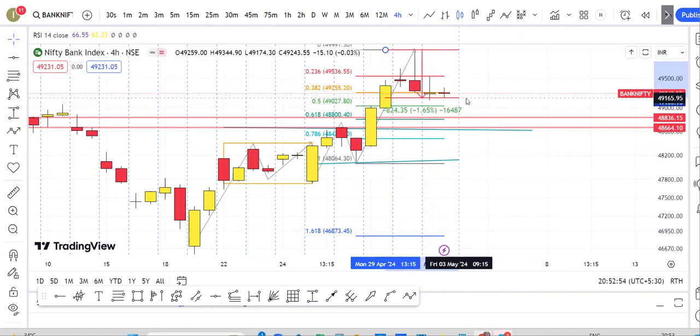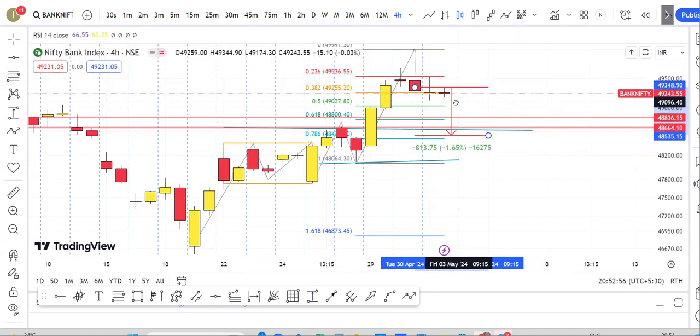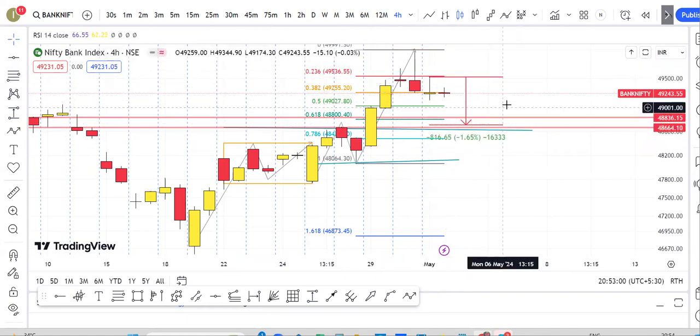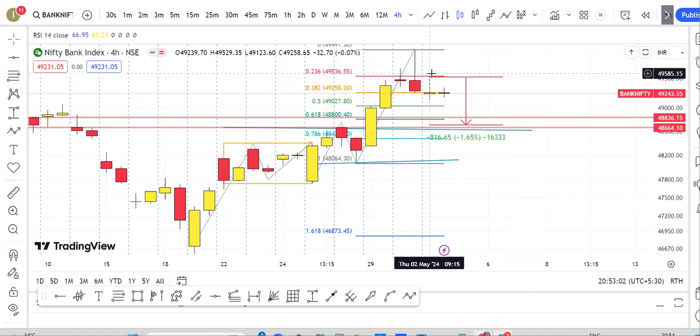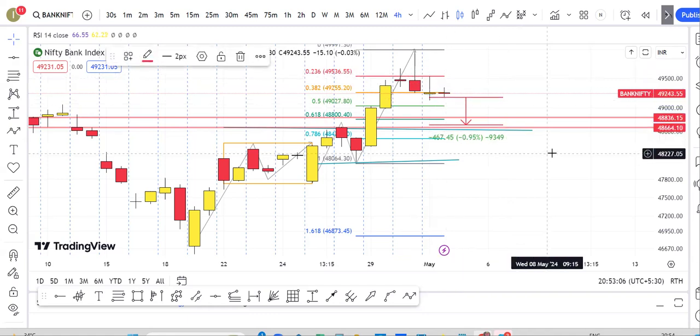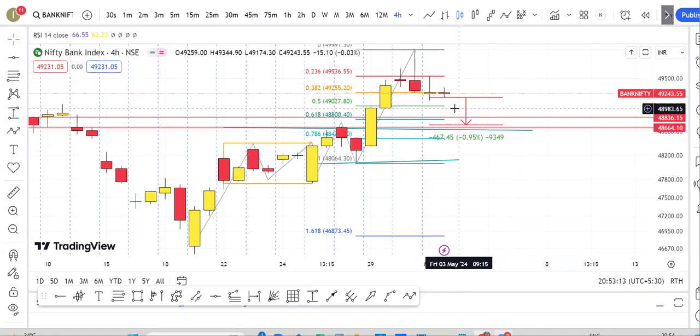Yeah, 800 points. Suppose from here, you can anticipate 800 points. In that, it has already corrected this much, 400. So you can anticipate a 467 points range in the Bank Nifty correction.